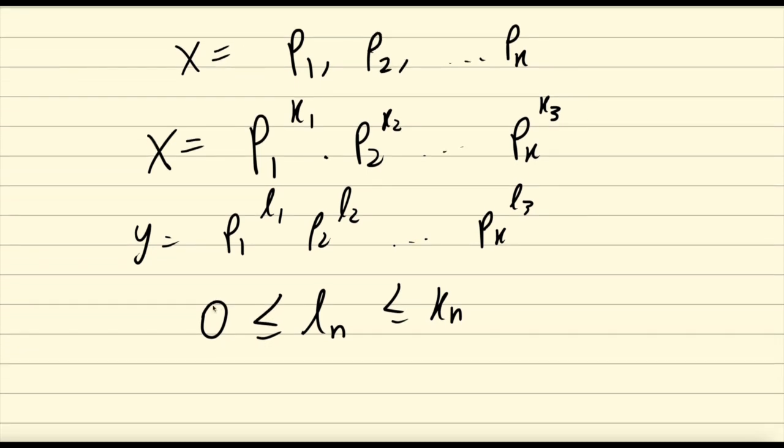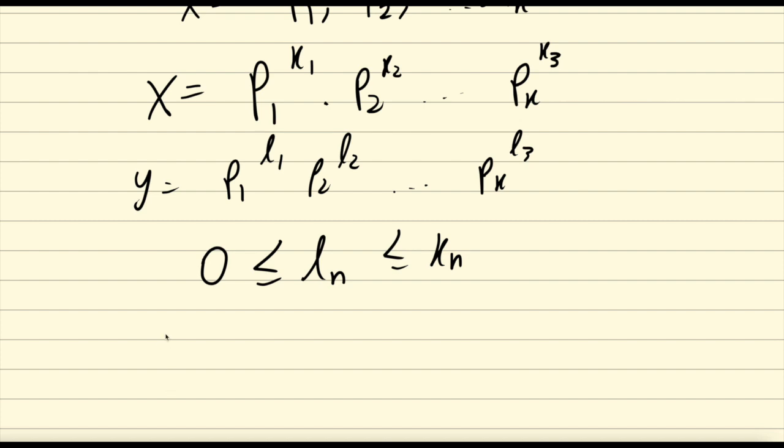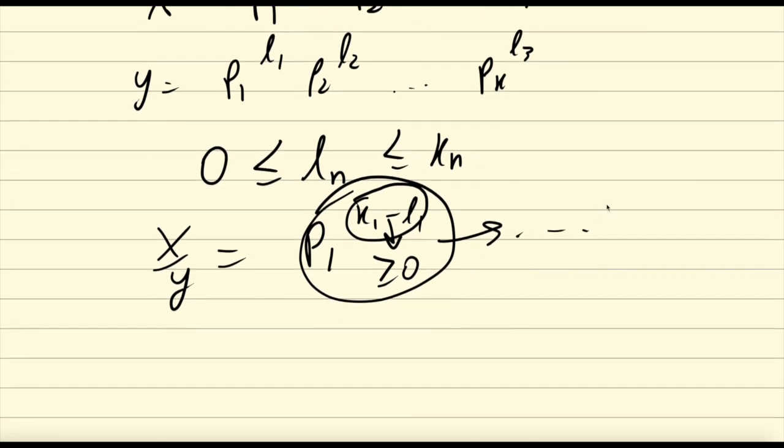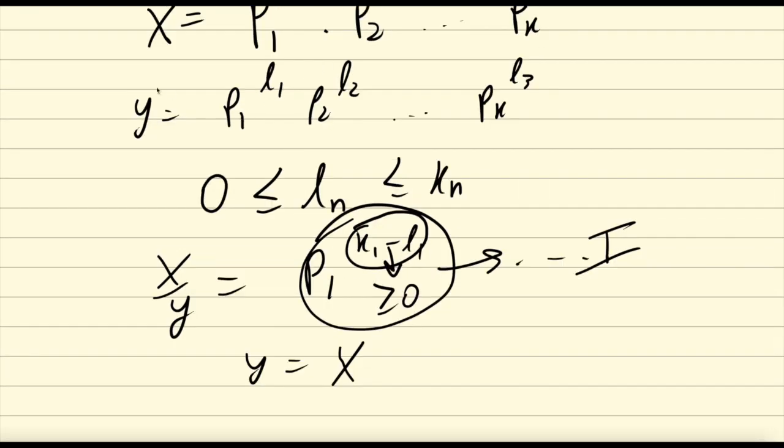And you can see why this makes sense, because if you take x divided by y, you get another p1 to the power k1 minus l1, which is a non-negative integer, so this gives an integer, and you can do this for all k numbers. So well, x by y is an integer, so you can see that y divides x. Okay, so basically this is how you can represent any factor of x.